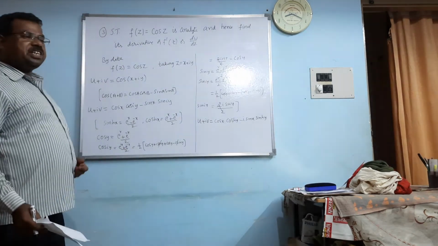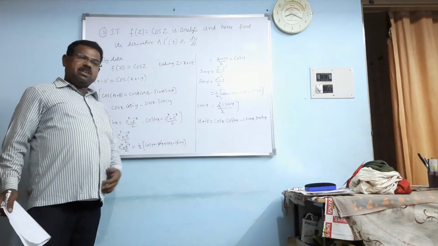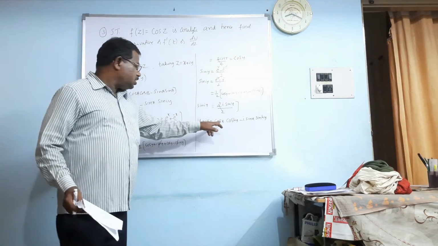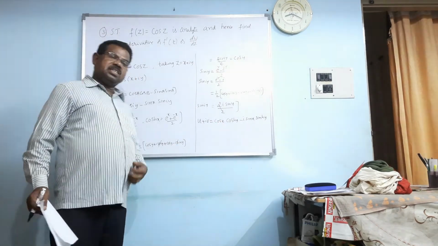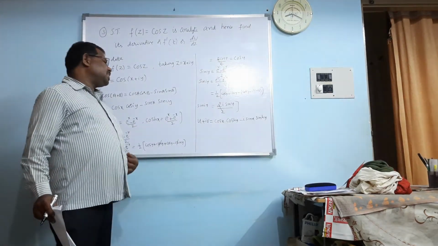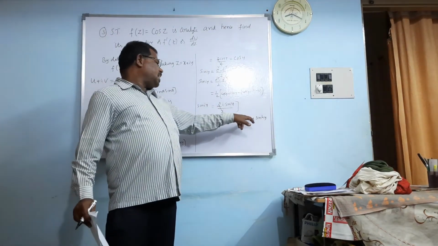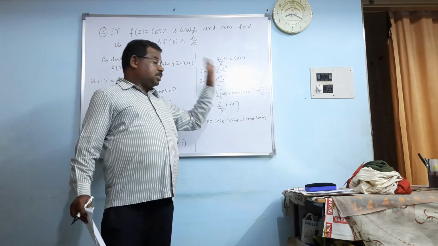Now we get the real part and imaginary part. The real part is cos x cos hy, and the imaginary part is minus sin x sin hy.